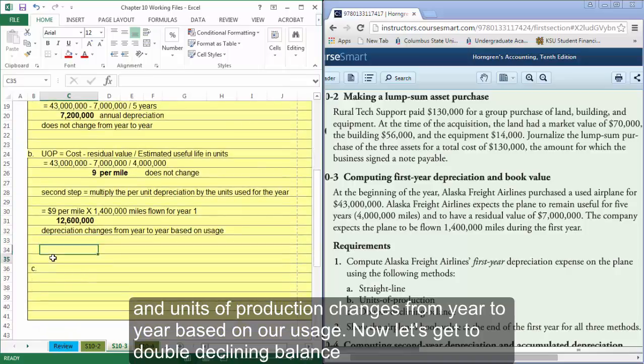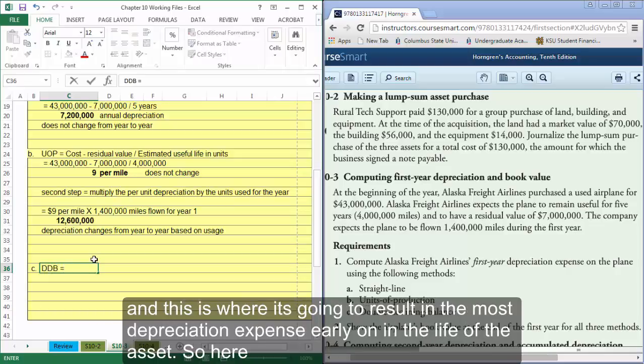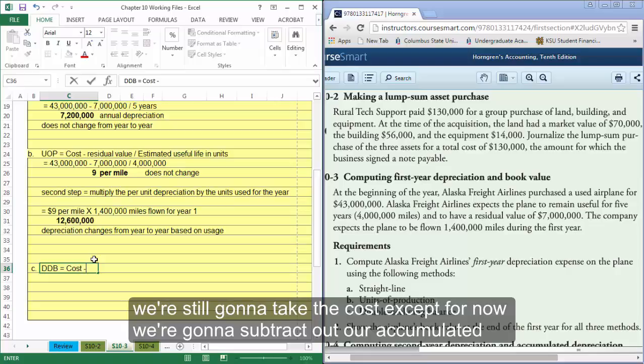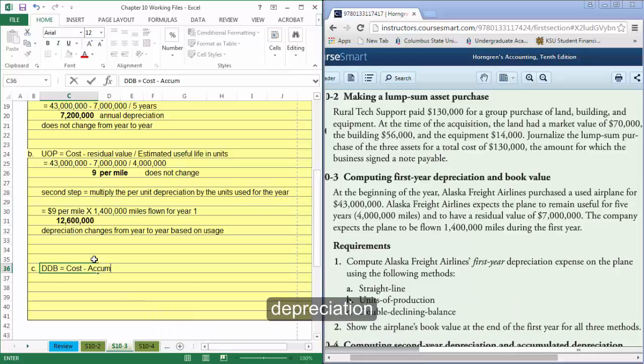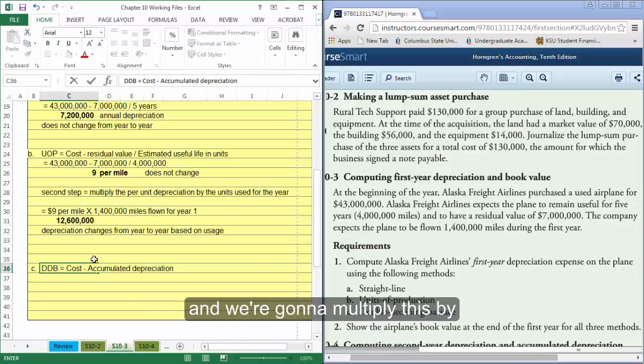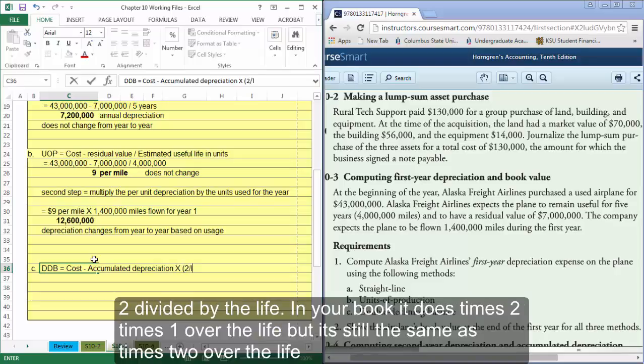Now let's get to double declining balance, which results in the most depreciation expense early on in the life of the asset. Here we still take the cost, except now we subtract out our accumulated depreciation, and multiply this by 2 divided by the life.